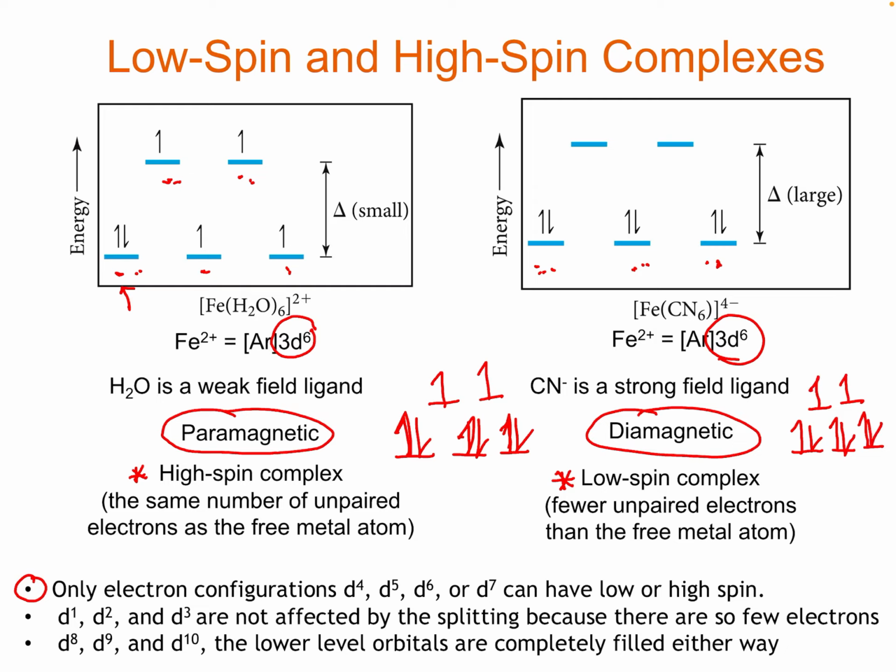It ends up looking the same whether or not there was a large crystal field splitting energy or a small one, okay? So only the electron configurations of d4, d5, d6, d7 we classify as high or low spin, because the other ones aren't affected by the strength of the crystal field.